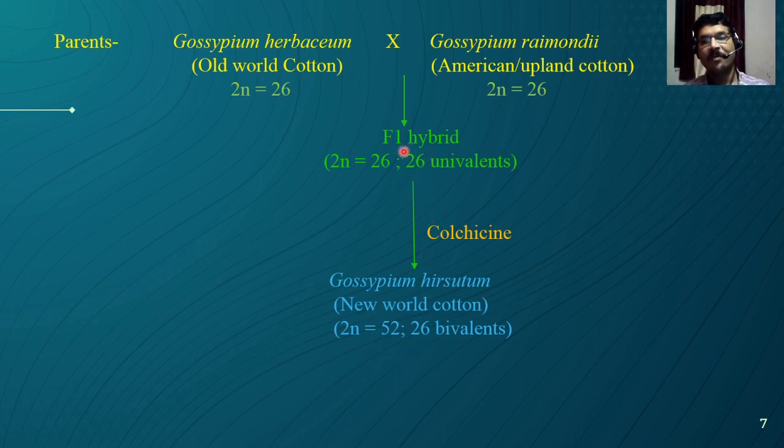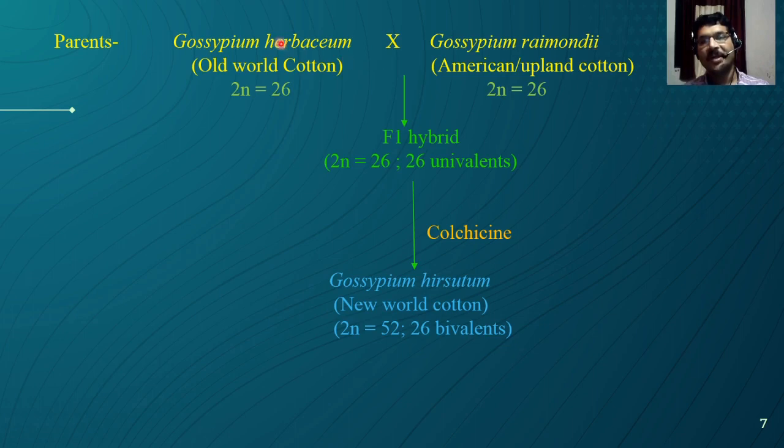So instead of 26, there are 52 chromosomes and 26 bivalents, meaning 26 pairs of chromosomes. As pairing will take place, it is a fertile variety of cotton. This is known as New World cotton, derived from two parents, Gossypium herbaceum and Gossypium raymondi.